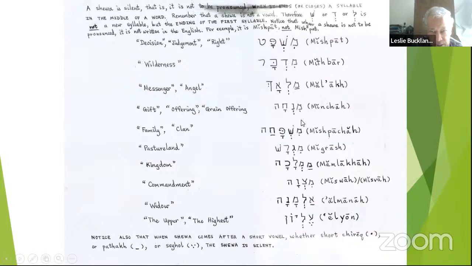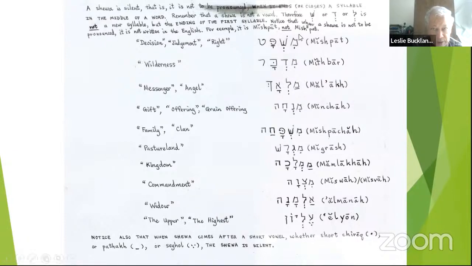So in each of these examples, you have the simple shiwa coming right after a short vowel: the short vowel hirik, the short vowel pathak, the short vowel hirik, the short vowel pathak, and the short vowel segol.